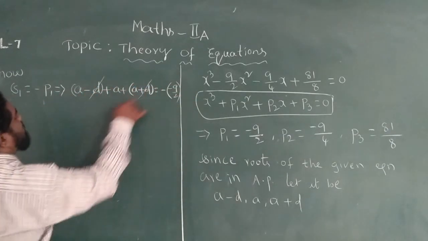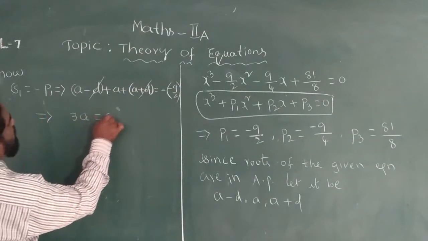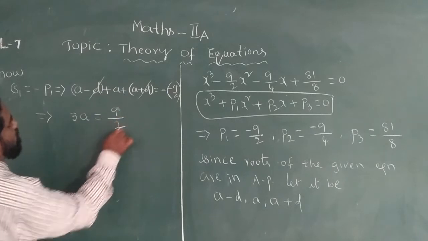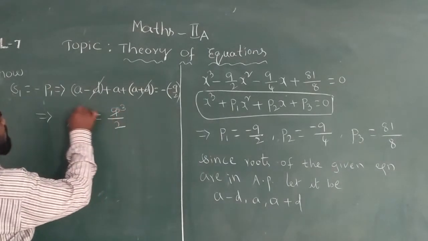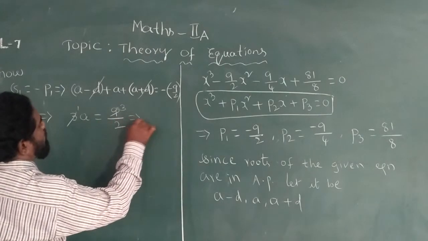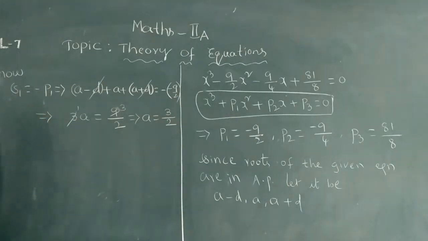The d's get cancelled. How many a's are there? 3a equal to 9 by 2. 3 1s are 3, 3 3s are 9. a equal to 3 by 2.